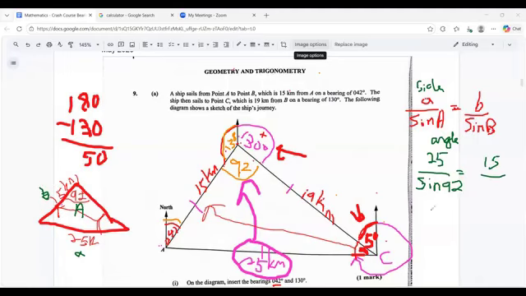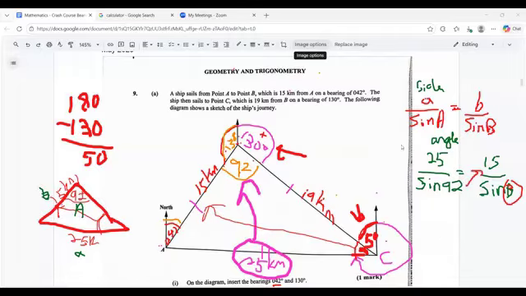And sine B, that's what we're trying to find, right? We're trying to find an angle. So that will remain as sine B. Now, just like any other question, you can either fully transpose and get B by itself, or you could cross multiply, but you still have to transpose at some point. So I'll cross multiply.